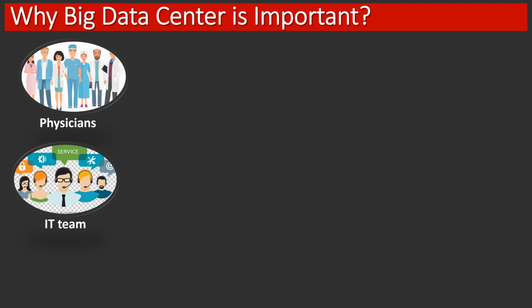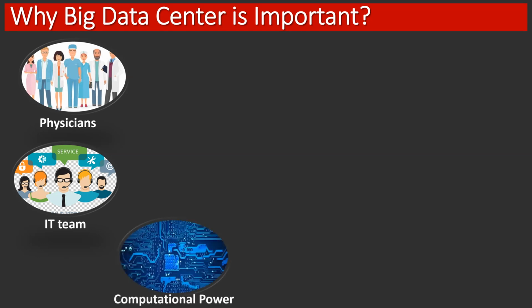We need people from IT to help us store this data and give us a way to access it quickly. We also need people who can develop fast computational approaches. This is another very important thing we have to take into account.